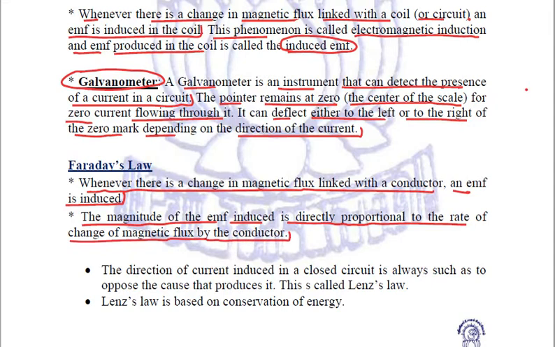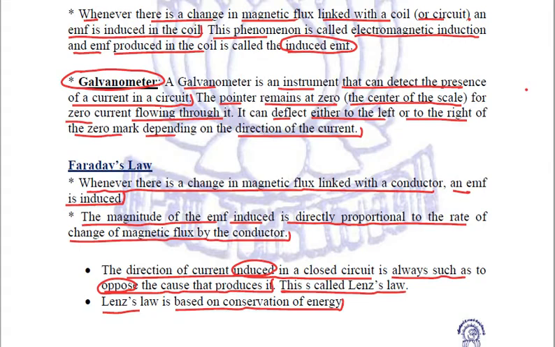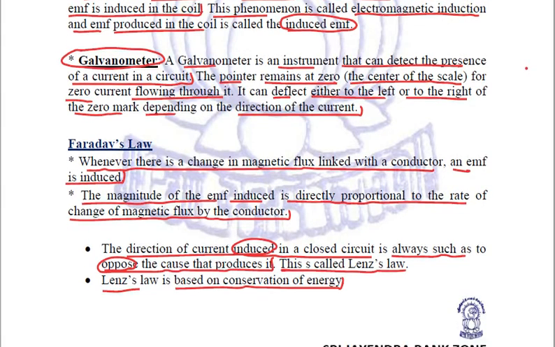These are the observations as per Faraday's law. Another thing you need to relate is that the direction of current induced in a closed circuit is always such as to oppose the cause that produces it. This is called Lenz's law, and Lenz's law is based on conservation of energy. Clear?